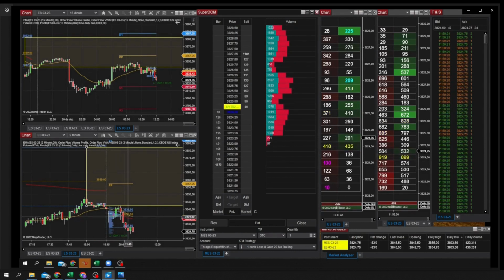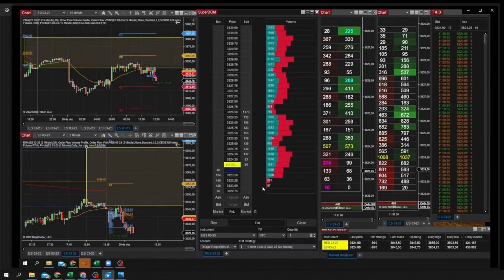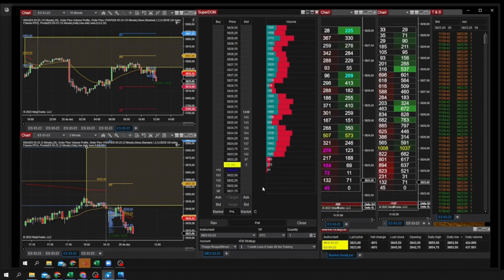There was selling pressure. Price was moving downwards. So I thought that this time it could be broken and could be overcome. But see what happened right at the 38.22.